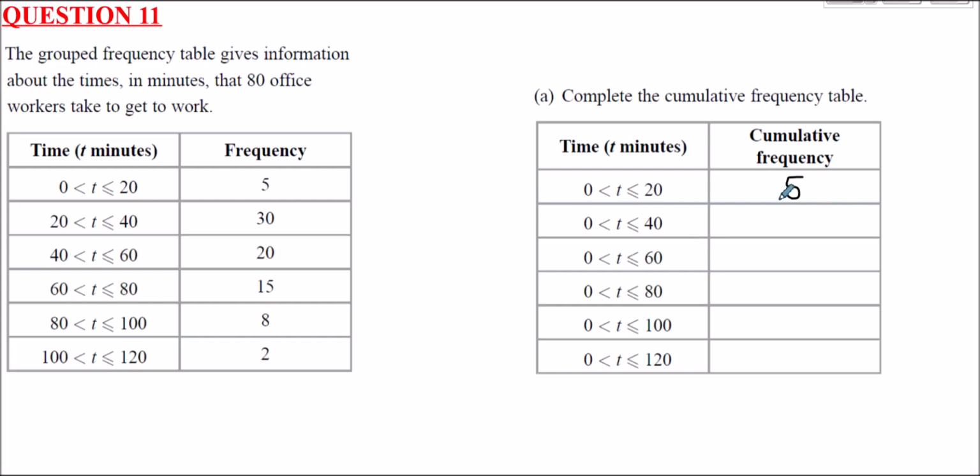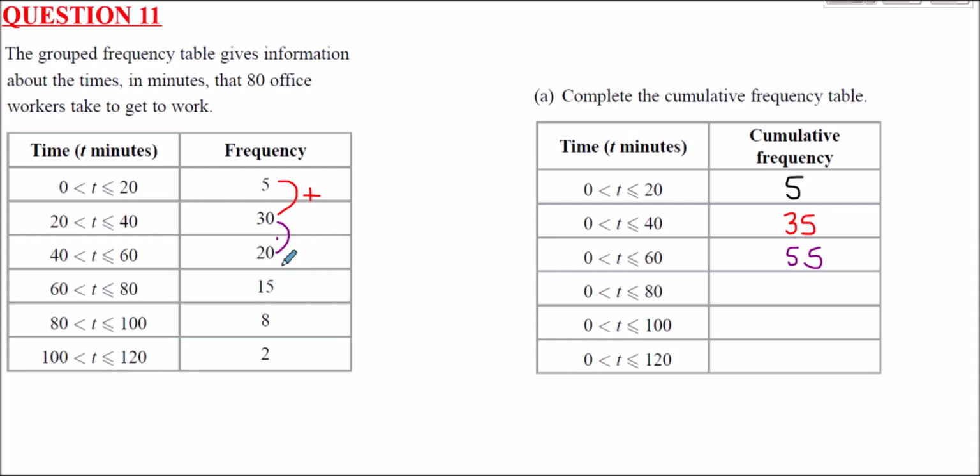So the second one is going to be 5 plus 30. 5 plus 30, that's going to give us 35. The next one, we add on 20 to what we just had. So 35 plus another 20 gives us 55.